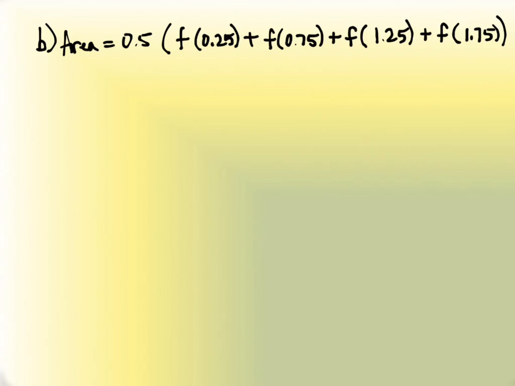That saves me keystrokes. y1 of 0.75 plus y1 of 1.25 plus y1 of 1.75. You can hit enter, and then you can multiply by 0.5. And what do you get?